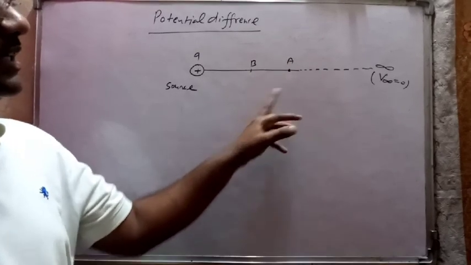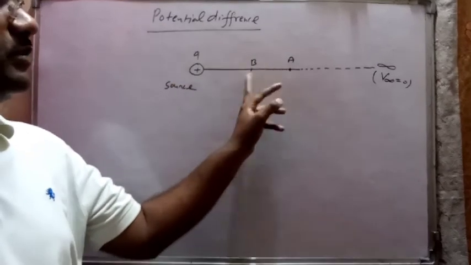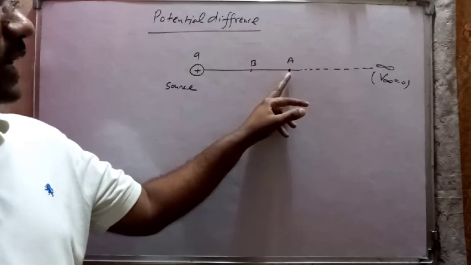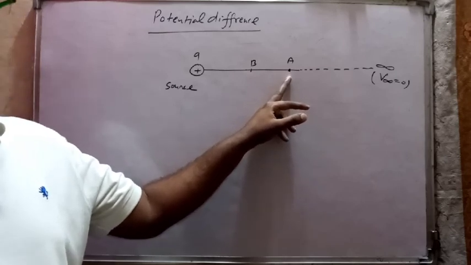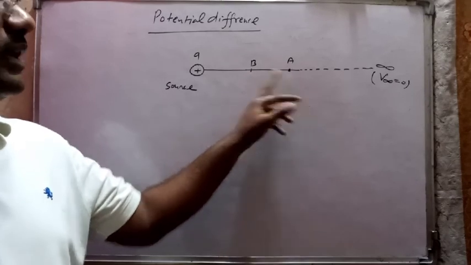For example, here we have to find the potential difference between A and B. That means we have to find the work done in moving 1 coulomb charge from A to B.